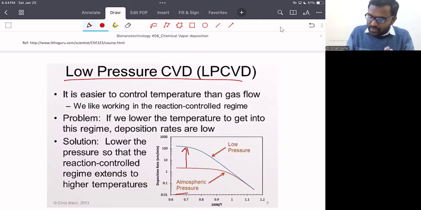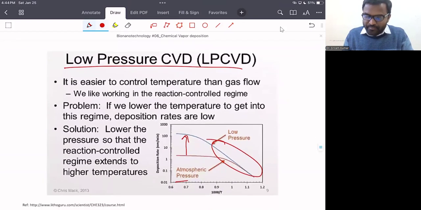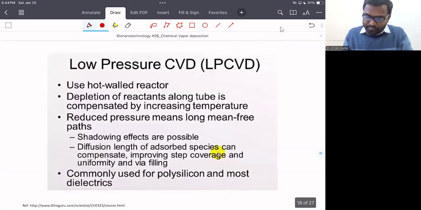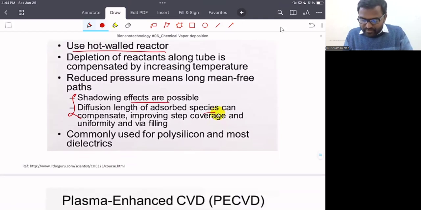At the same time, we have a larger range of the kinetic control process over a huge temperature range. So that is the advantage of the low pressure CVD technique. Here we can design hot wall reactors, and when we reduce the pressure, the longer mean free path means scattering effects are possible, and the diffusion length is increased, so the spacing can be compensated. These are things you can read.